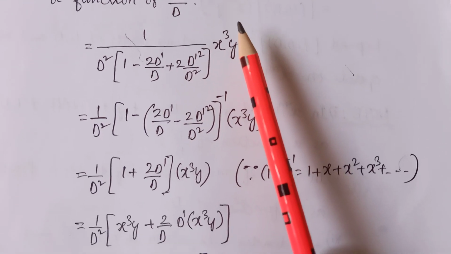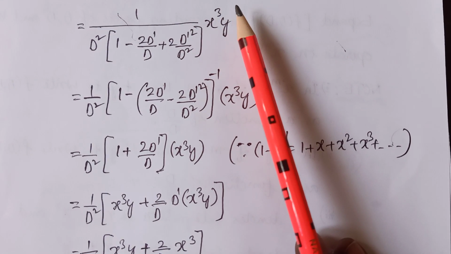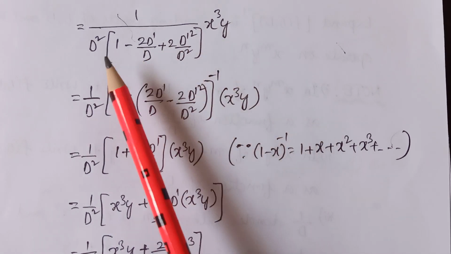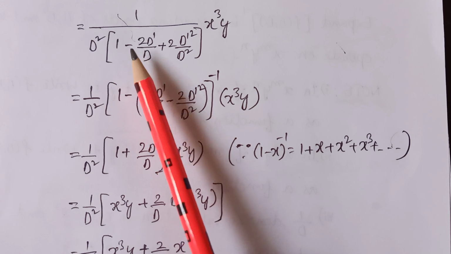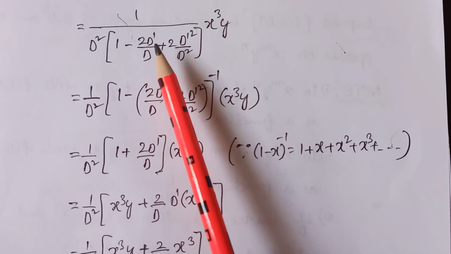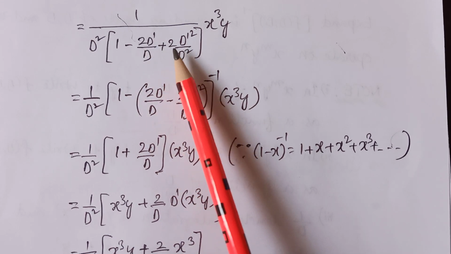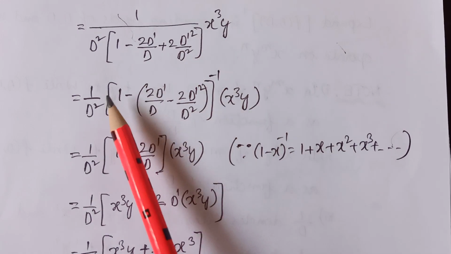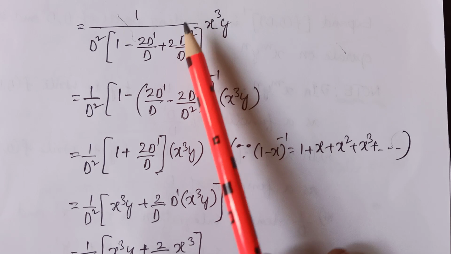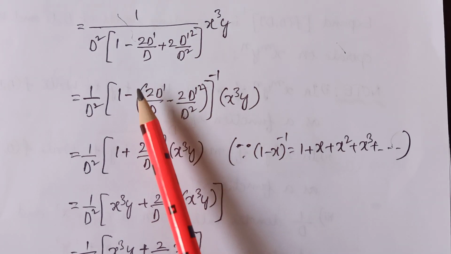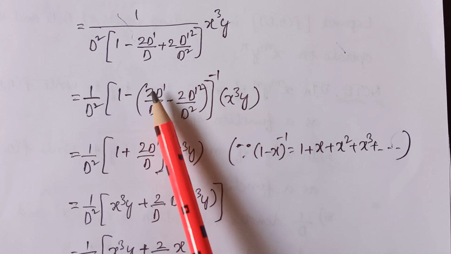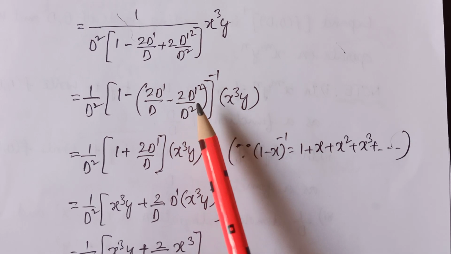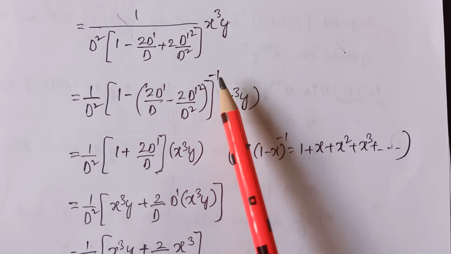So now what you will get here is D square common, 1 minus 2D dash by D plus 2D dash whole square by D square. Now take it to the numerator. Take the minus common: 1 minus of 2D dash by D minus 2D dash square by D square, whole power minus 1.